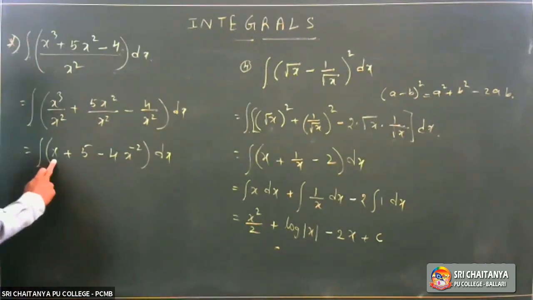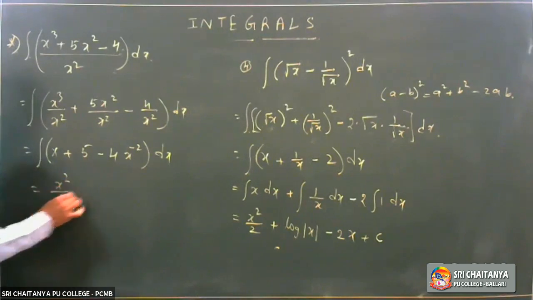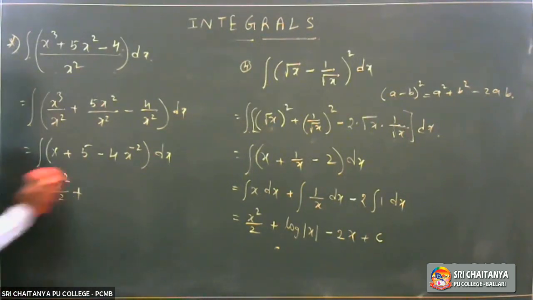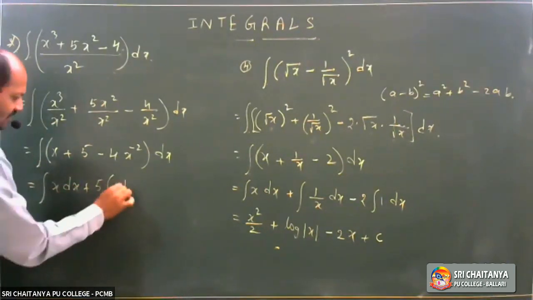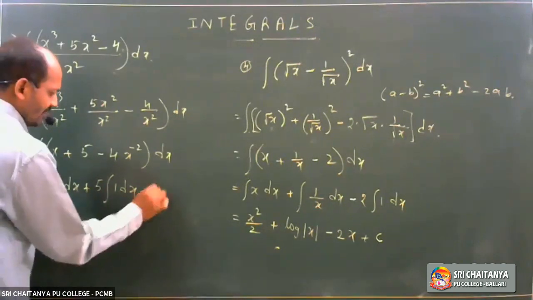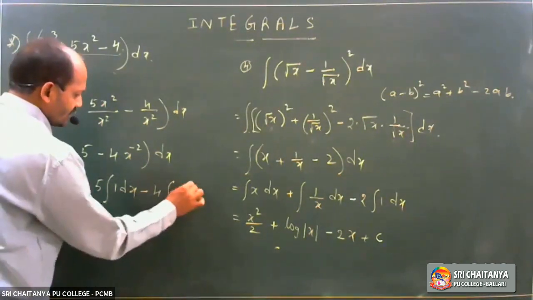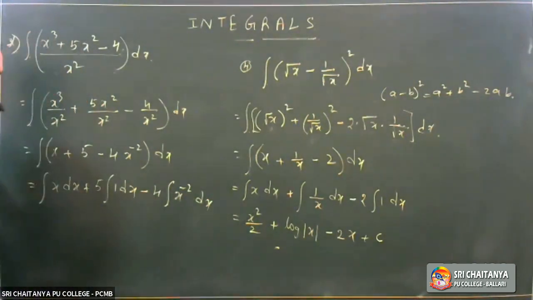What about integral of x? X square by 2. Now apply integration: integral of x dx plus 5 into integral of 1 dx minus 4 into integral of x power minus 2 dx.